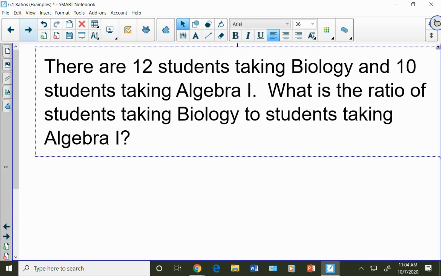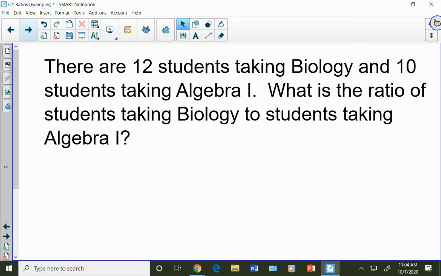Now, here's a question. It says there are 12 students taking biology and 10 students taking algebra 1. What is the ratio of students taking biology to students taking algebra 1? Okay, well, first of all, the first sentence is information.